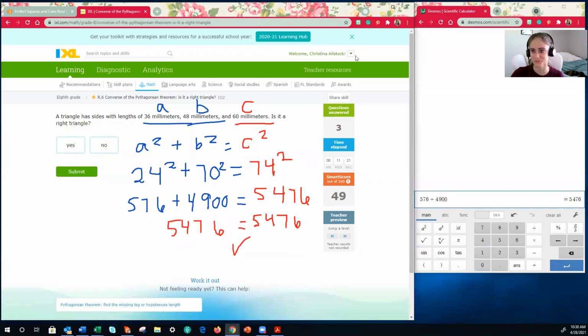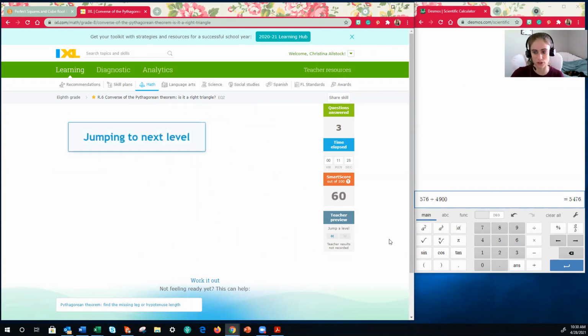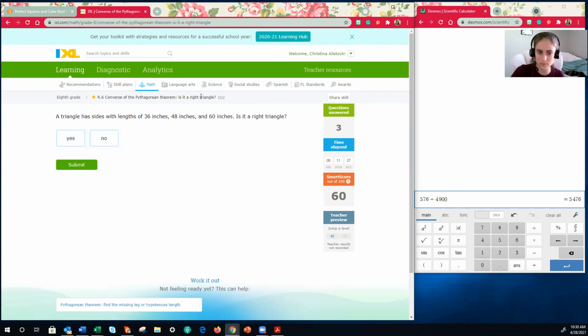Okay, awesome. All right, we'll go ahead and try one more. We'll jump up another level to that passing. All right, a triangle has side lengths of 36 inches, 48 inches, and 60 inches. Is it a right triangle?